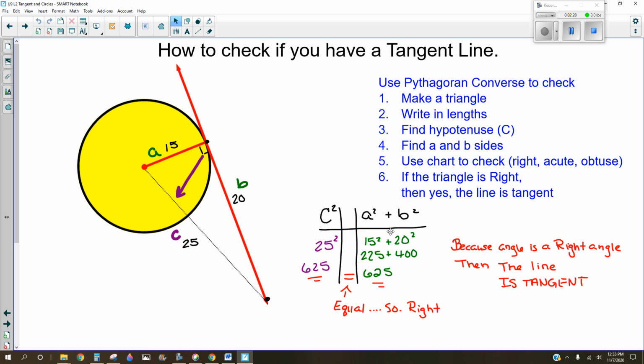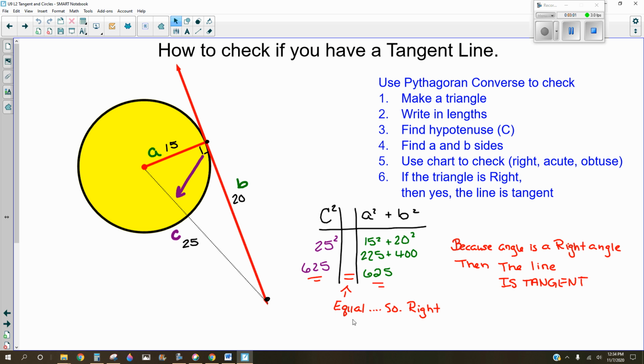And then I set up the chart. Remember making this chart where you have C squared and A squared plus B squared, and you're going to leave a space in here so that you can compare the left to the right. In this example, C was 25, so I have 25 to the second power. A was 15, and B was 20. When I calculate all that out, I get 625 and 625.